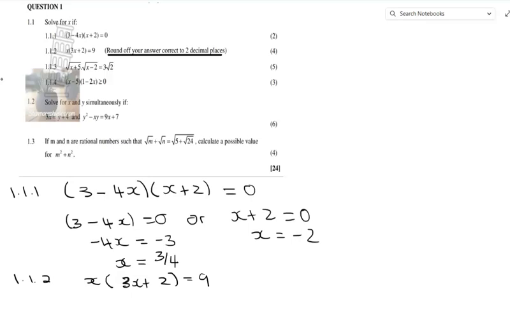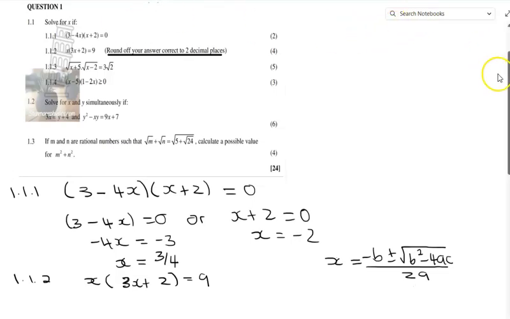What does the quadratic formula look like? This is the quadratic formula: x equals minus b plus or minus the square root of b squared minus 4ac, over 2a. So this is what we're going to be using to solve this equation.